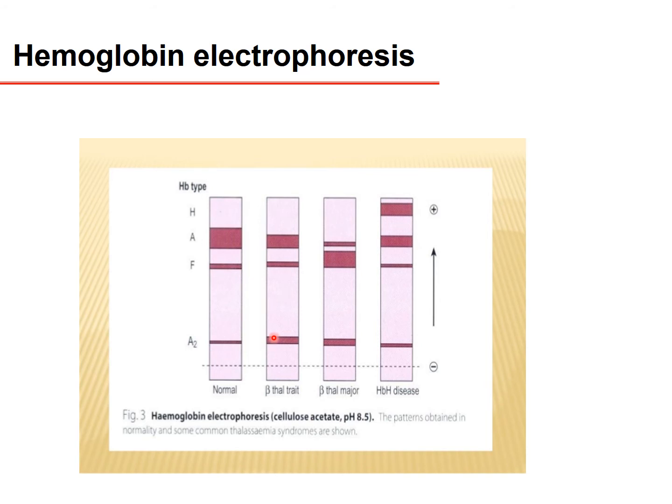This is why the A is less and the hemoglobin A2 is higher. However, when we have major beta thalassemia, we have almost no hemoglobin A, and the fetal type and the A2 type are increased.